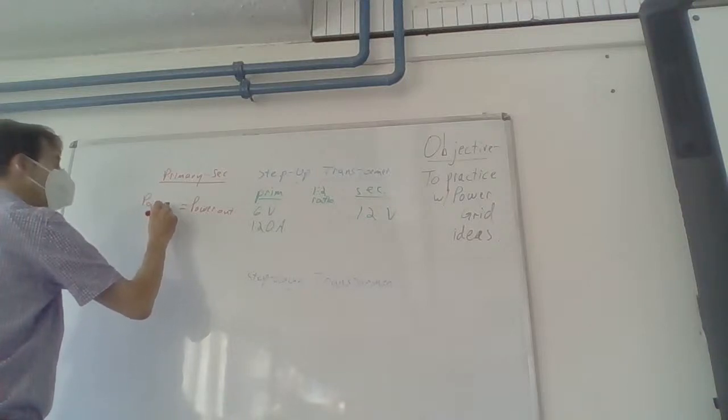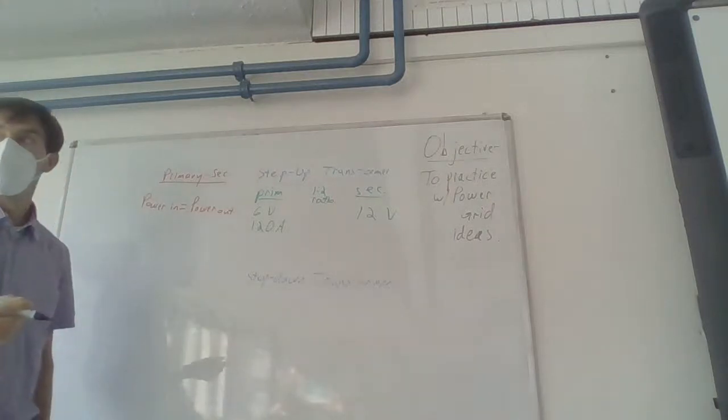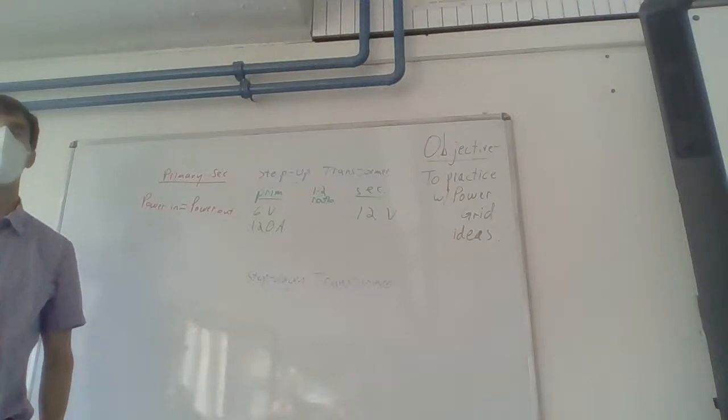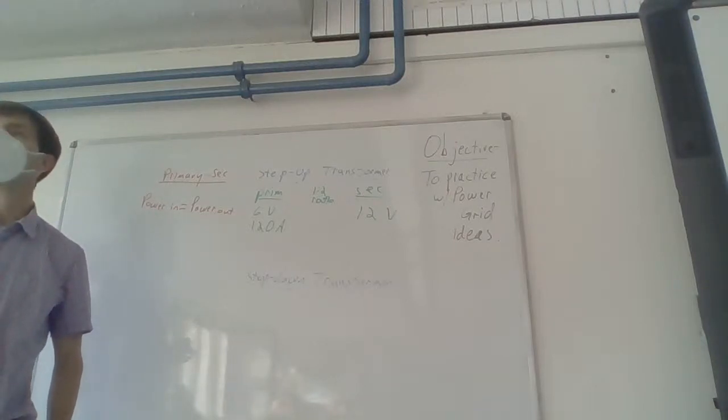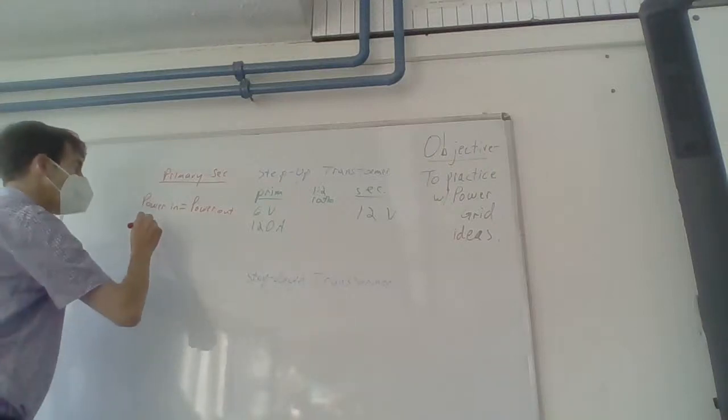The power coming into that transformer equals the power going out. So what that means is what? Yesterday or the day before, I gave you an equation for power. Power equals I times V. Good, Sevla, you got it. And it is, Charlotte.